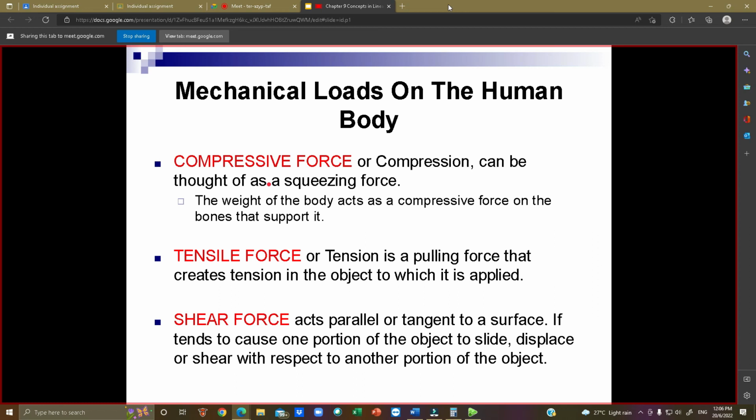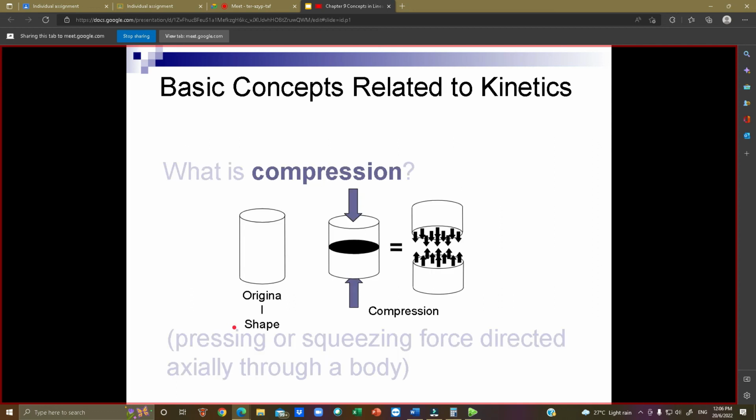So the last one is regarding type of force. Okay. Kita ada compressive, kita ada tensile, kita ada shear. Boleh ke dia? So the first one is compressive. Compress. Push. Okay. Compression is push. This one. We push towards one another. Pressing or squeezing is known as compression.